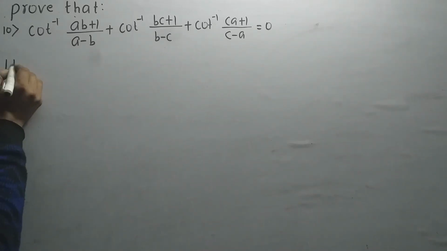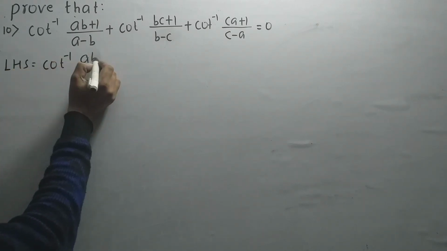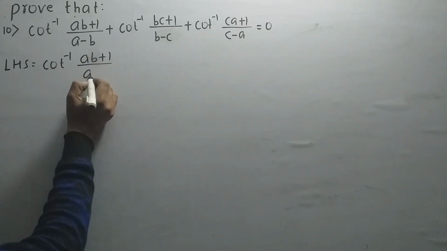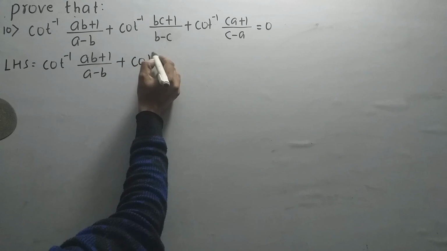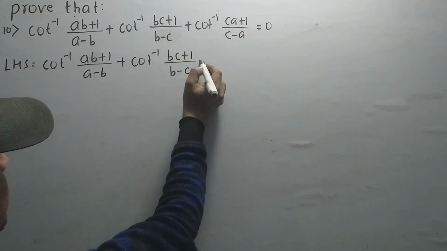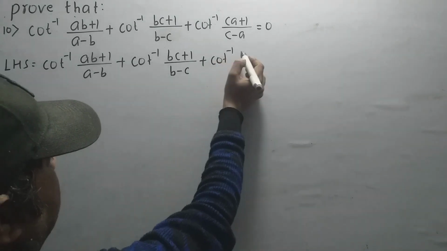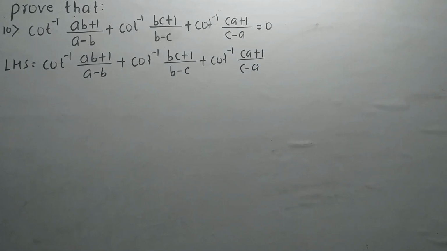In left hand side, you are provided with cot inverse of (ab plus 1) by (a minus b), plus cot inverse of (bc plus 1) divided by (b minus c), plus cot inverse of (ca plus 1) by (c minus a).